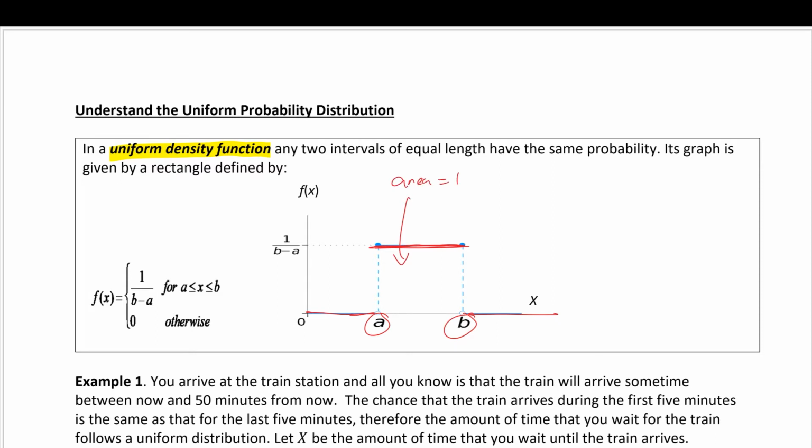What we have here is a rectangle, and the area of a rectangle is equal to base times height. So this would be our base, and this would be our height.